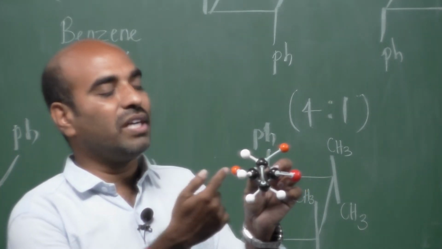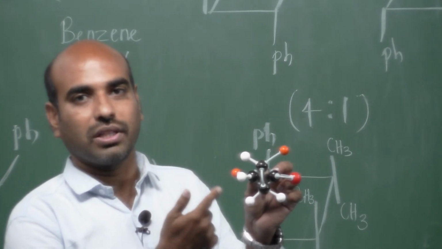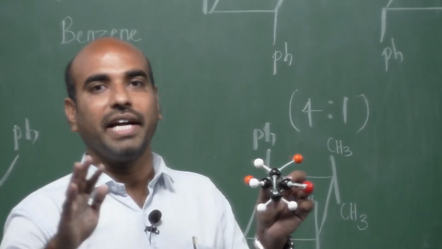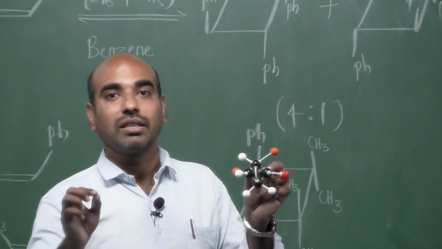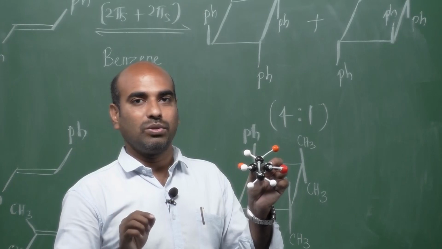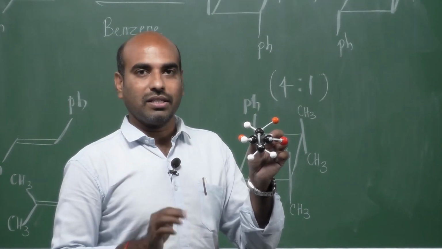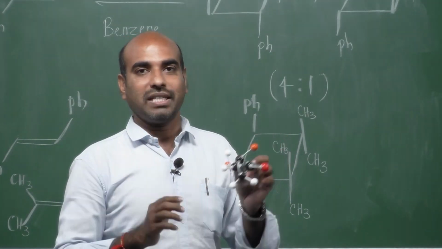So, this perpendicular or orthogonal approach will only facilitate the 2π supra plus 2π antara mode of cycloaddition reactions thermally, right. So, this is the best example.